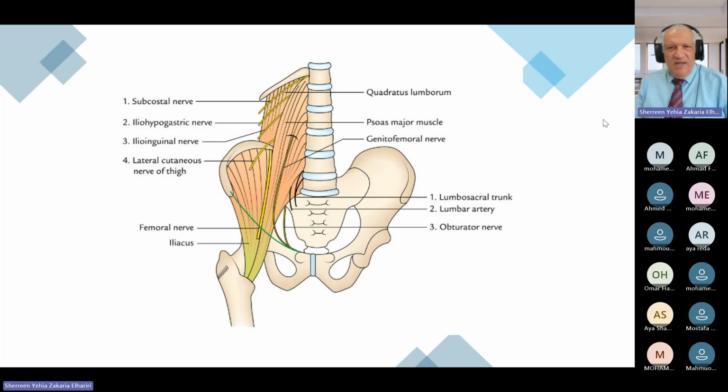If you are asked about the iliopsoas tendon, where is it inserted? Lesser trochanter. What is the nerve supply of iliacus? Iliacus is supplied by the femoral nerve, the only branch above the inguinal ligament, and psoas major is supplied by L1, 2, 3.